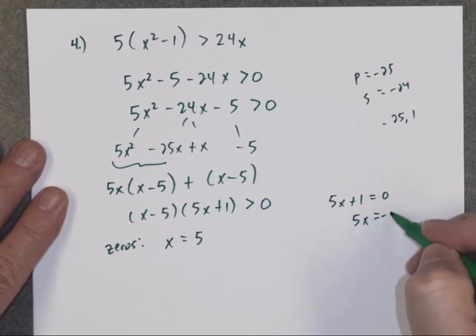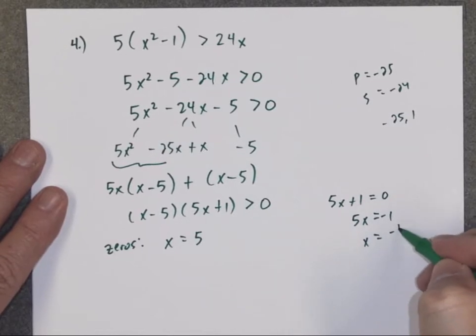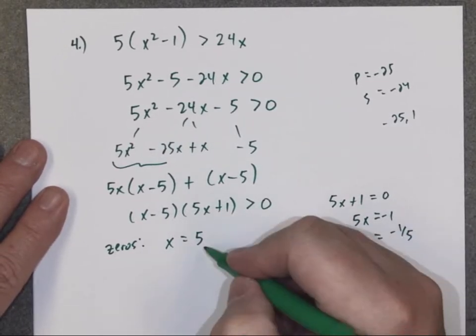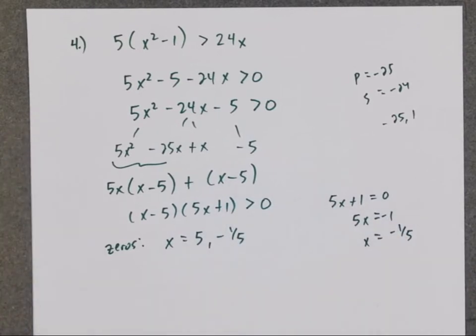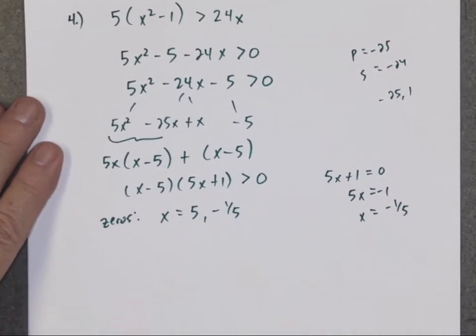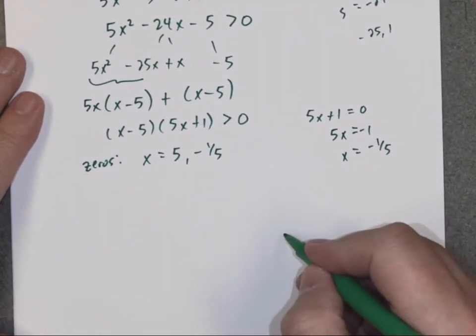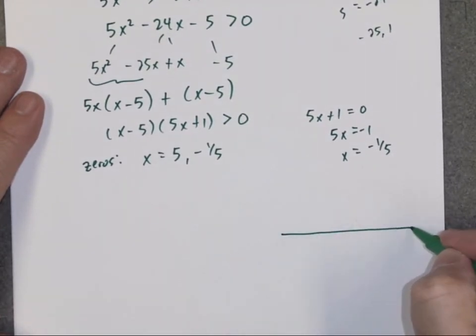So I'll subtract 1 from both sides, divide both sides by 5. So it looks like these are my zeros.